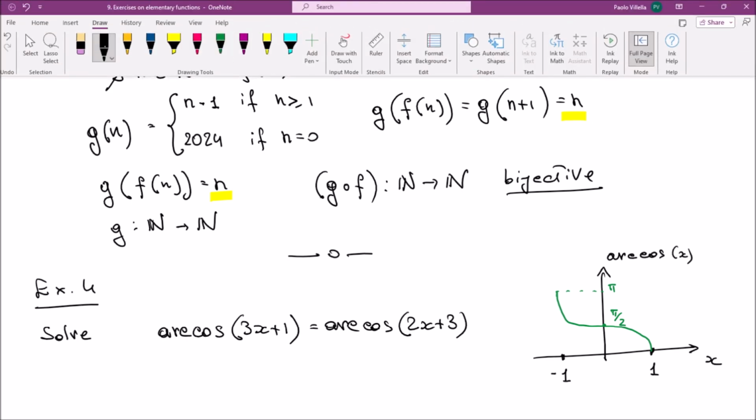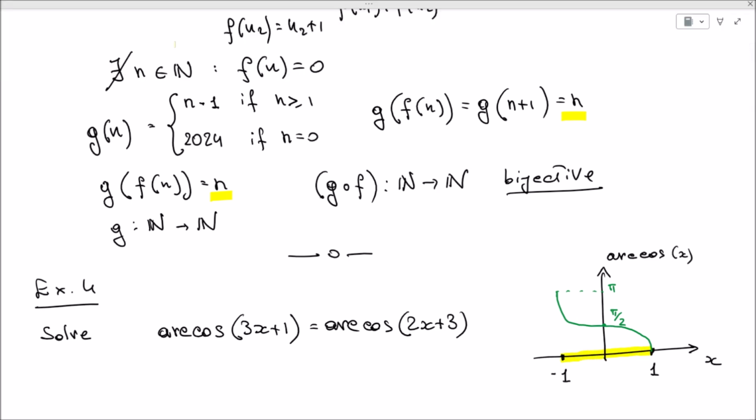Now to do this, we know that we must prove that the arc cosine function is injective, but we know that this is injective, right? Because moving from minus 1 to 1, the function arc cosine of x is strictly decreasing. So this is a strictly decreasing function. It is injective.